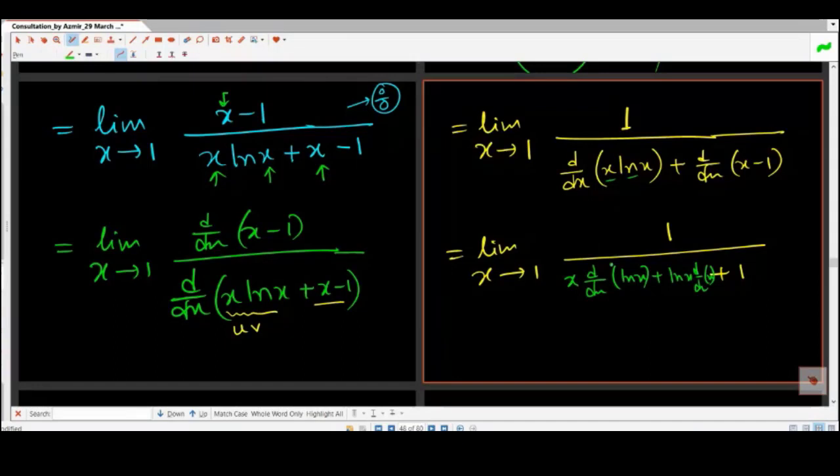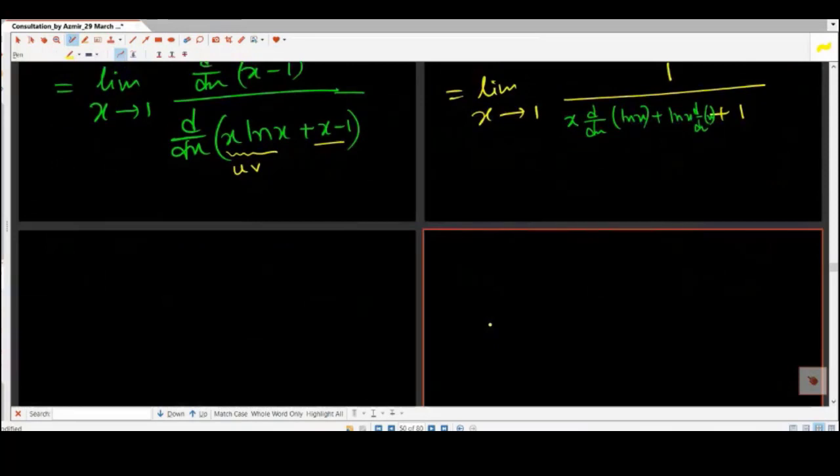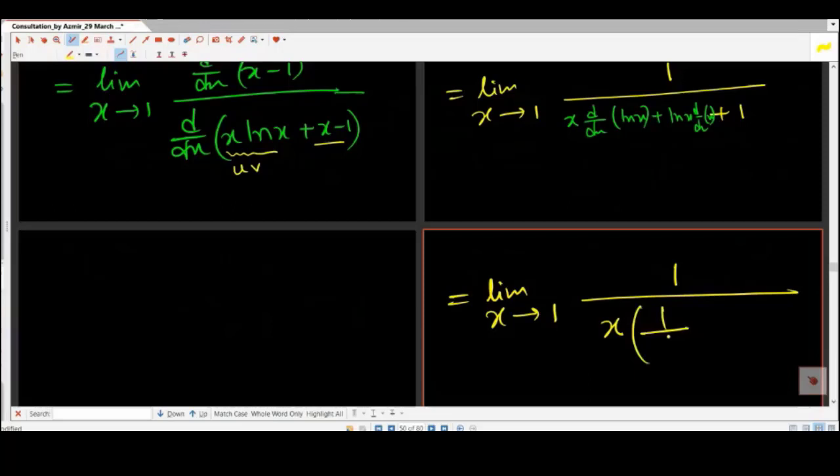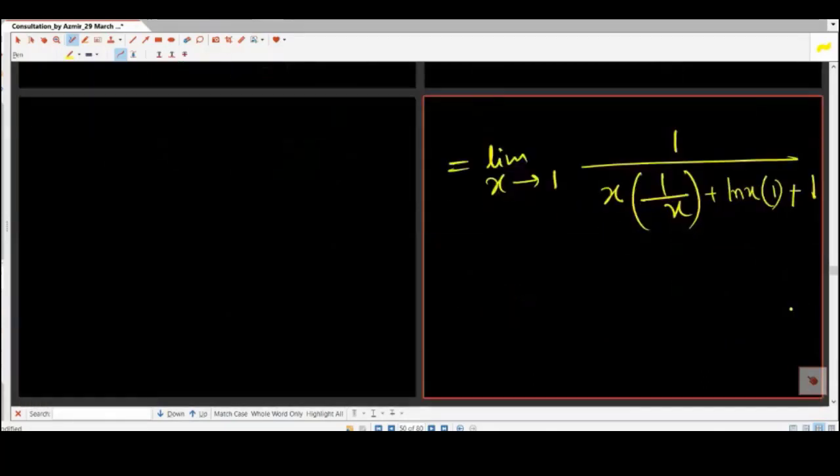So x d/dx of natural log of x plus natural log of x d/dx of x. So we have to simplify again. Limit x tends to 1, 1 over x. So differentiation of natural log of x is 1 over x plus natural log of x. Differentiation of x is 1 and we have plus 1.